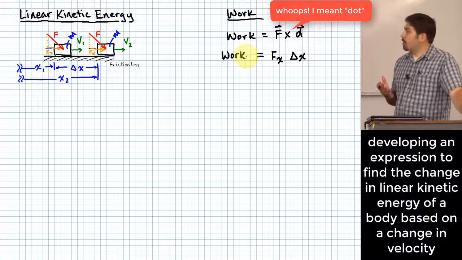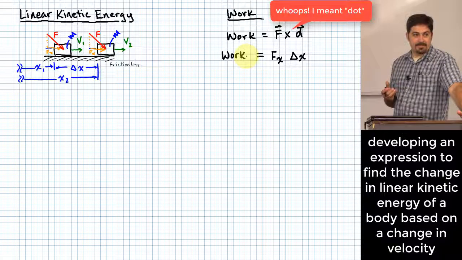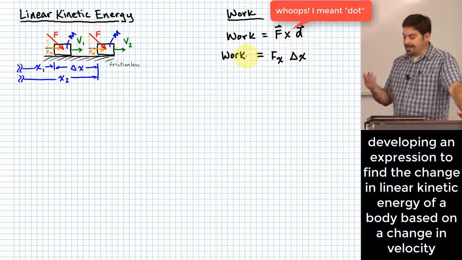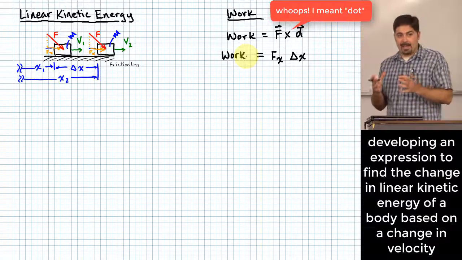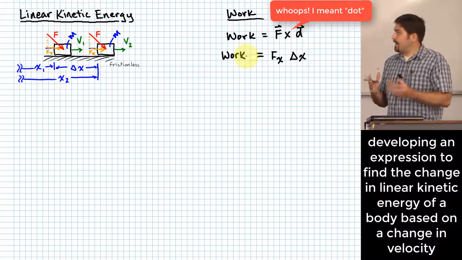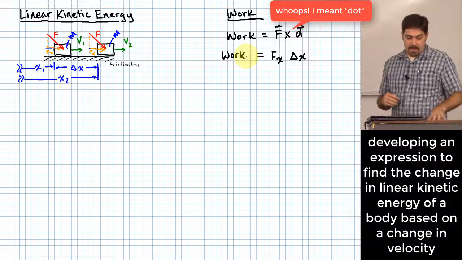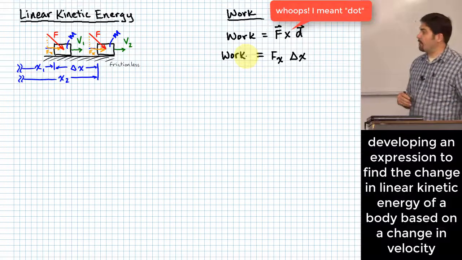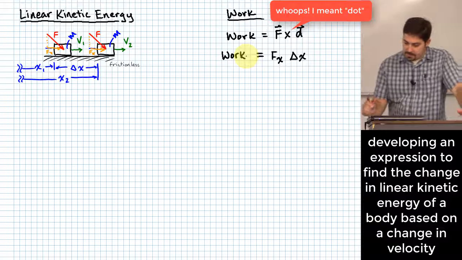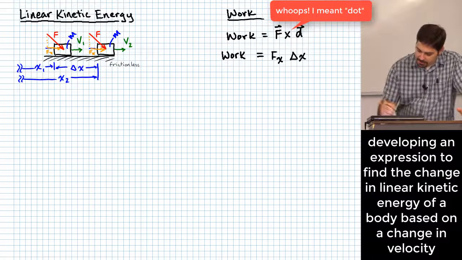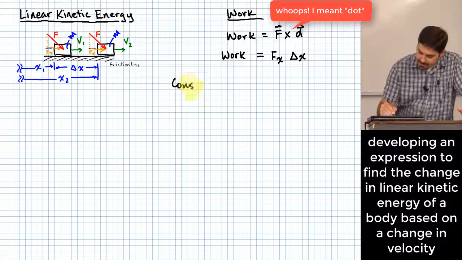That energy's got to go somewhere, right? If F of x, or the x component of F, and delta x, if both of those values are non-zero, there's been an energy added to the system. And so that energy has to show up somewhere. And the way that it will show up is that change in velocity. Okay? And so that's what we'll do here. It's based on conservation of energy. I'll write that as a heading here.